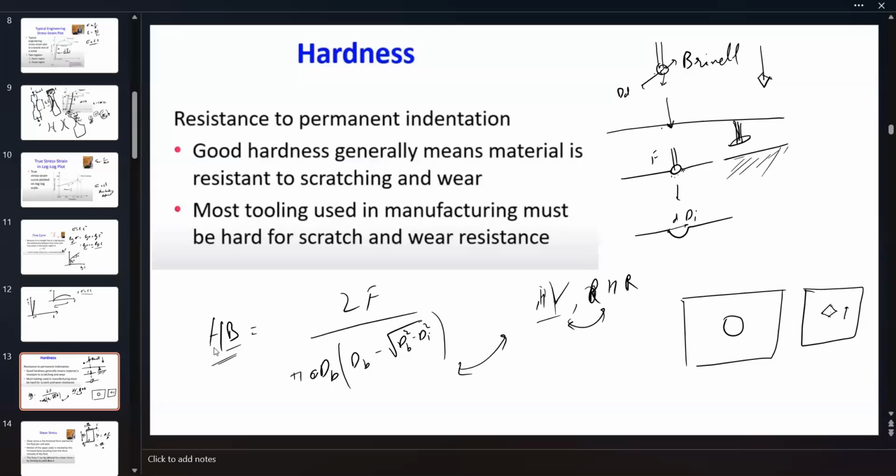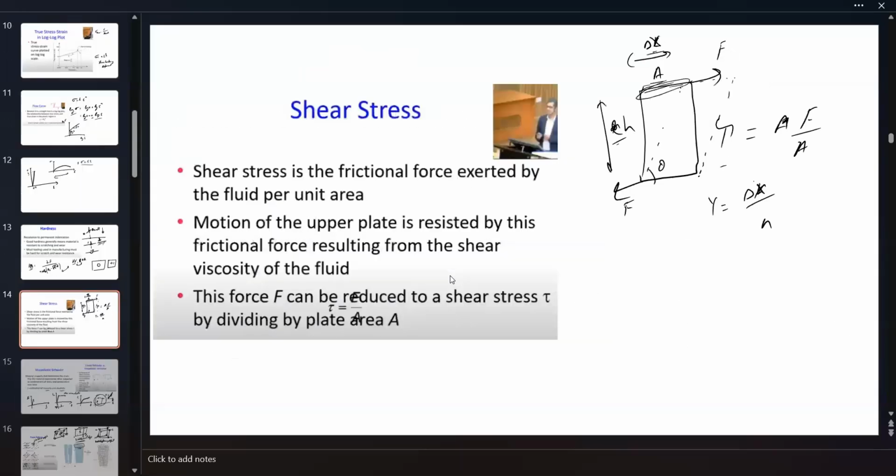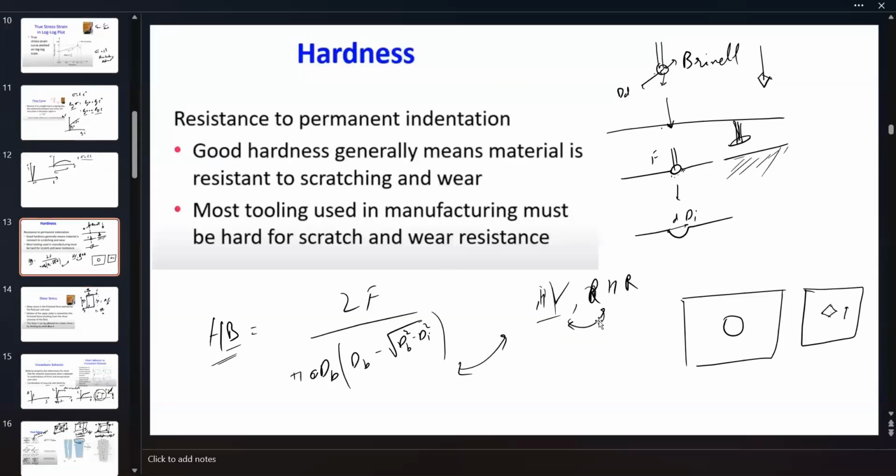And you get your HB, which is your Brinell hardness formula. This is the force applied, the diameter of the indenter, and the indent on the surface. You can convert between different hardness scales using some conversion factors. They depend on the material too.